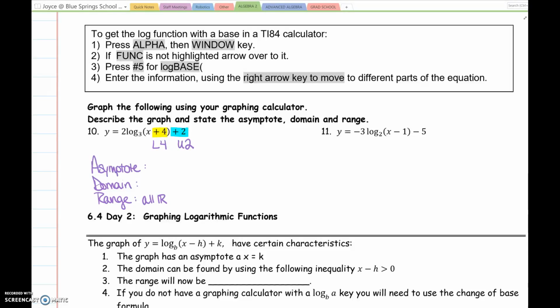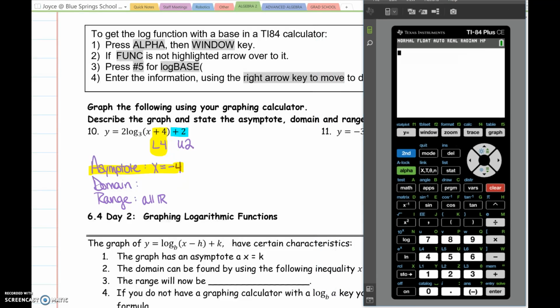Sure we can. If the graph moved left 4, what's the asymptote going to be? X equals -4. I don't see any negatives, so I think the domain is going to be x is greater than, but this is where plugging it into the graph might help you.